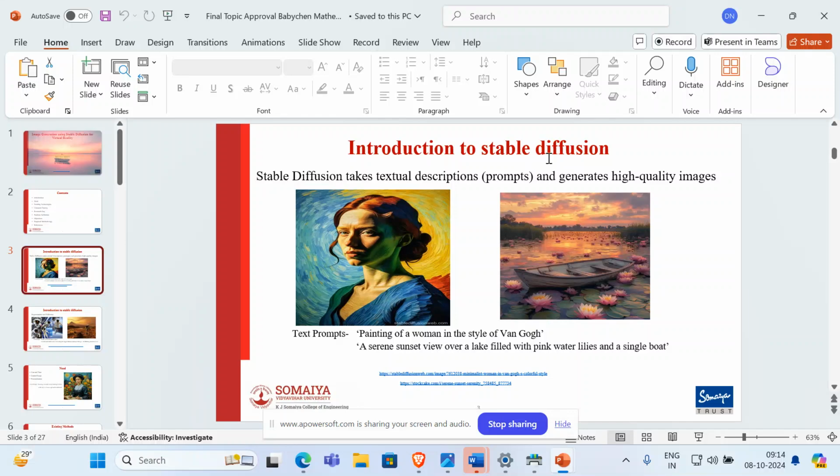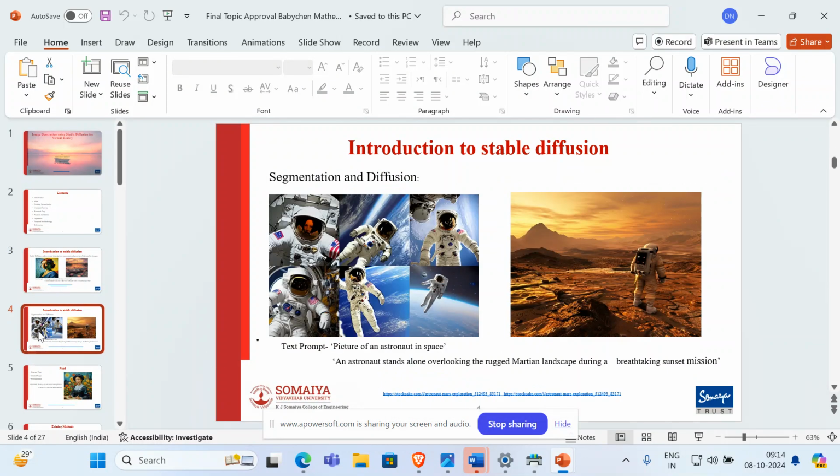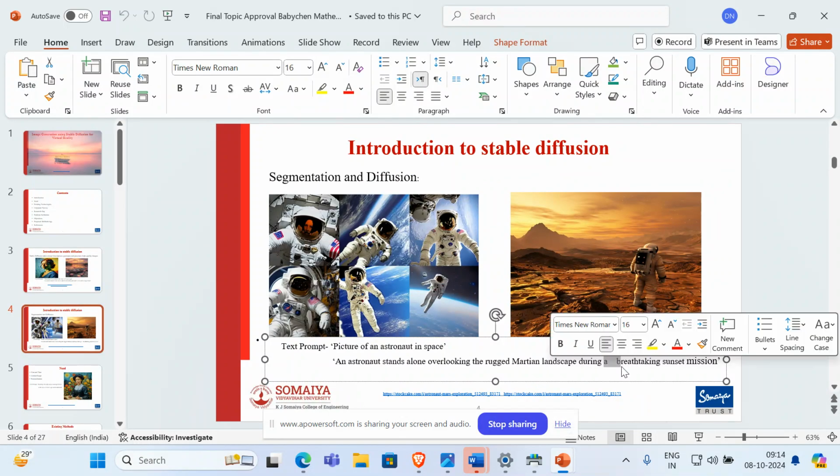You have started well with the introduction to stable diffusion, but maybe you can involve some mathematics on how this works, and try to put these references at the bottom, not in the center of the slide. Again, try to maintain some standard in typing.